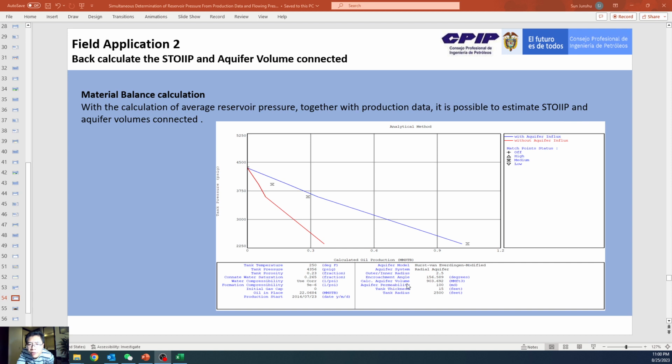The calculated aquifer volume is around 903 million feet. So these 3 points are the result of our calculation of average reservoir pressure.